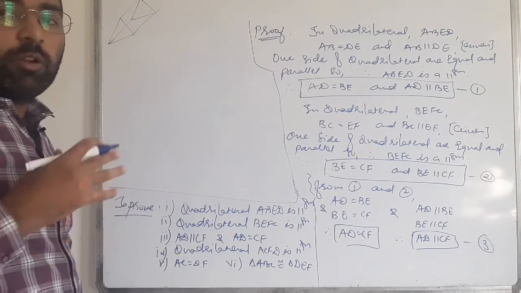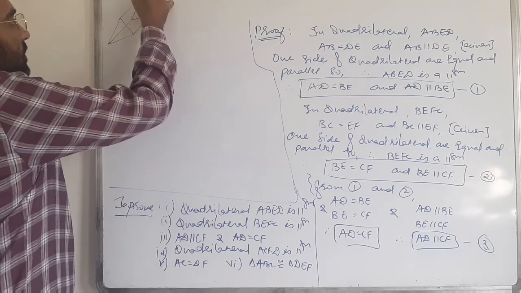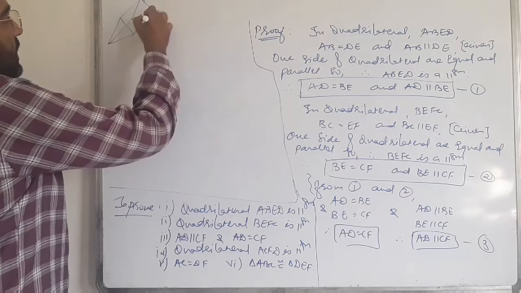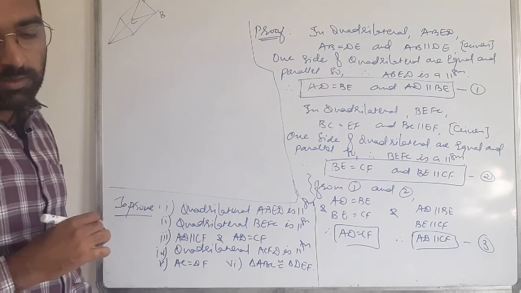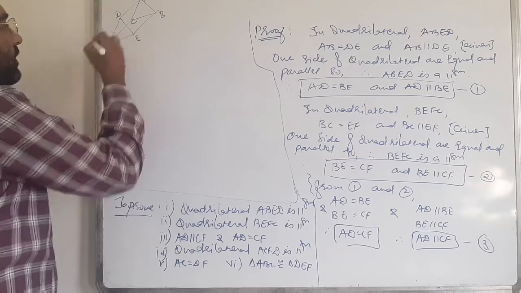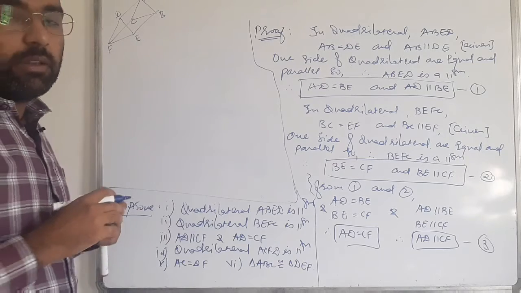Okay, this is the smaller part of the figure. A, B, C, D, E, F. Okay, this is the figure as given.